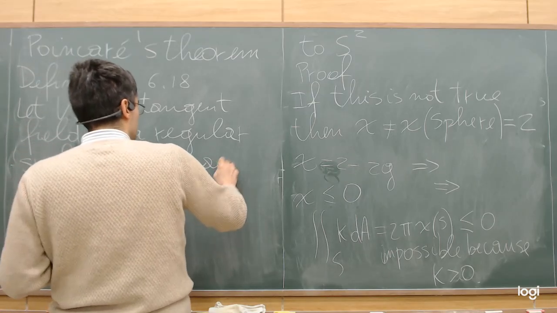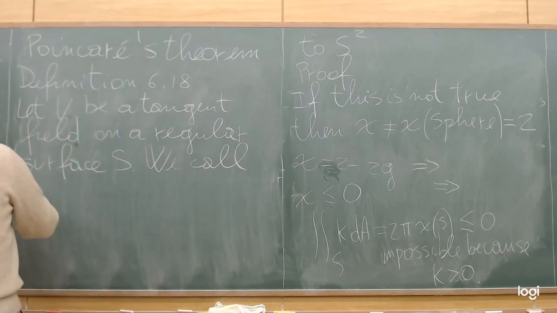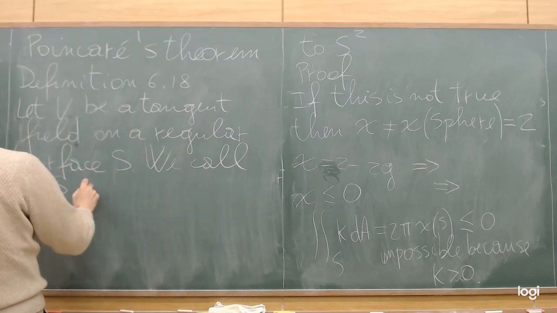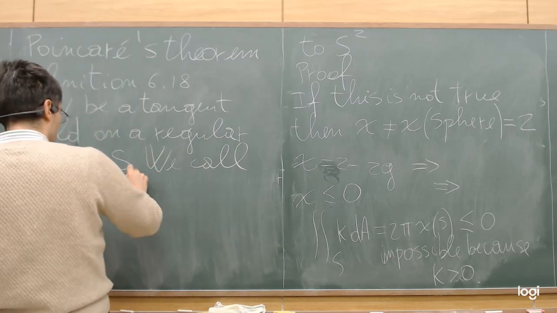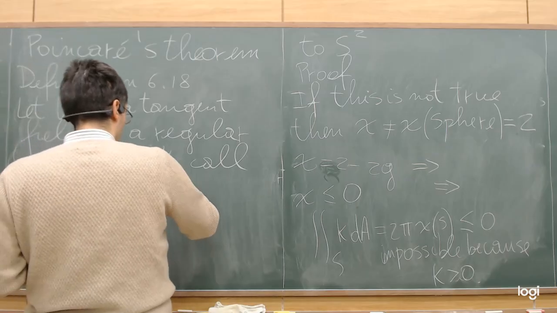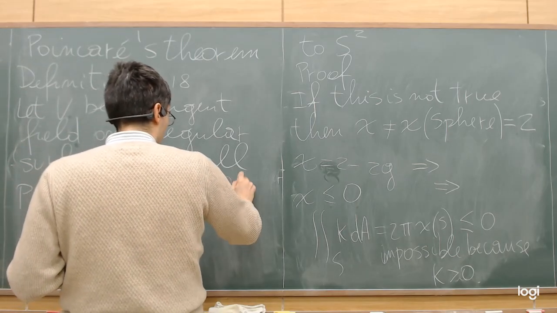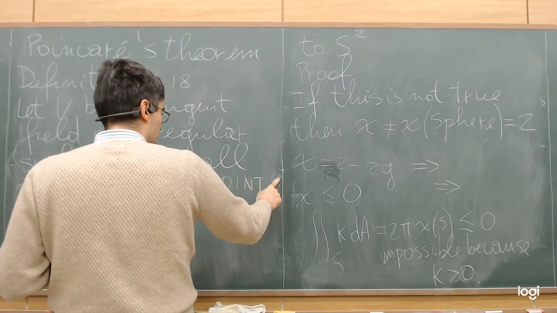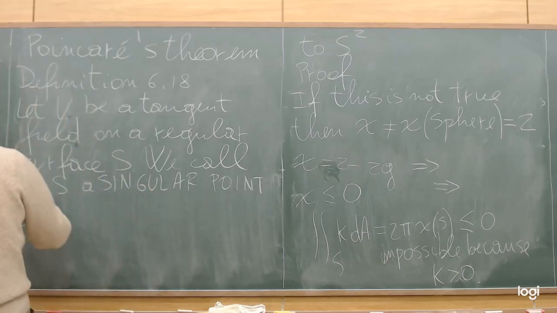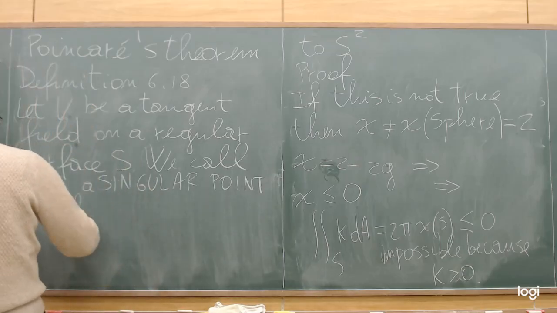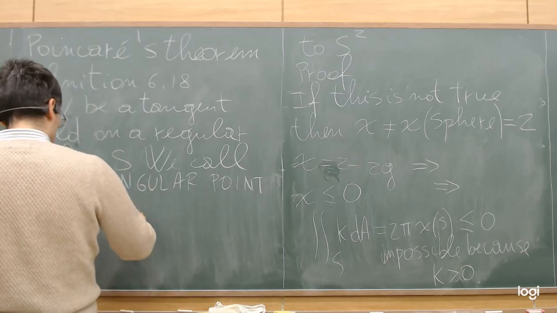We call P in S a singular point of V if V of P is 0.